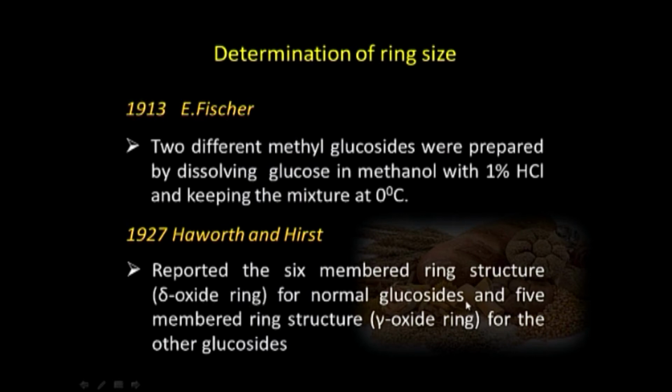I am repeating, normal glucosides are those obtained at high temperature by boiling glucose with methanol and HCl, and a 5-membered ring structure, the furanose ring structure, was assigned to the other glucosides which are obtained at 0 degrees Celsius.